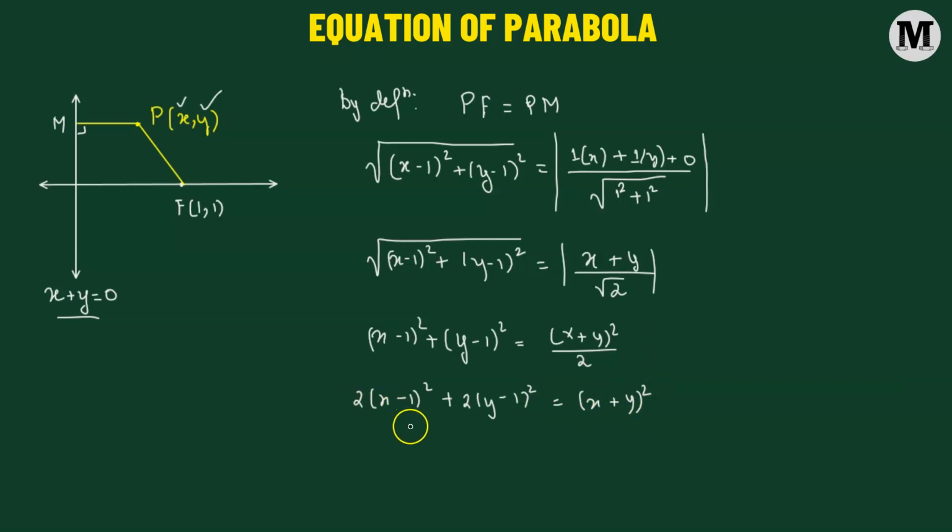So we can expand x minus 1 whole squared, y minus 1 whole squared, as well as x plus y whole squared to get the final result as x squared plus y squared minus 2xy minus 4x minus 4y plus 4 equals 0. So this is the equation of the parabola.